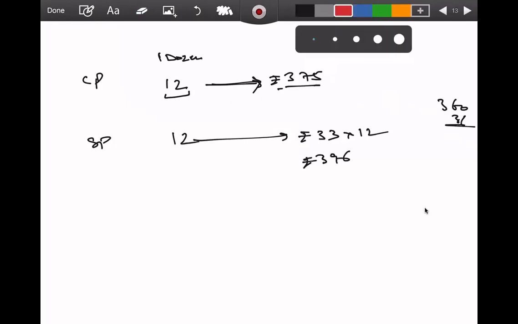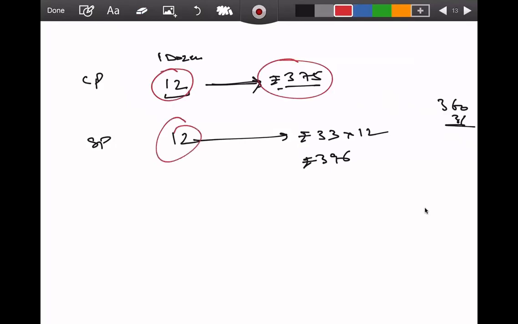So can I reframe the question now? 12 articles were bought for rupees 375 and were sold for rupees 396. Can you find the profit percent? What is the profit? 396 minus 375.